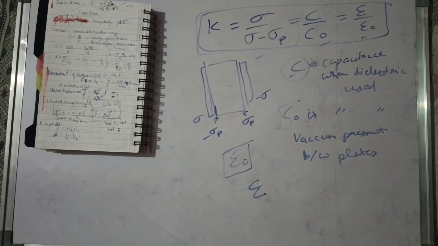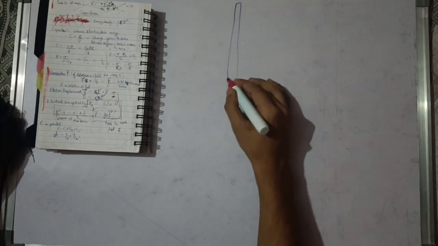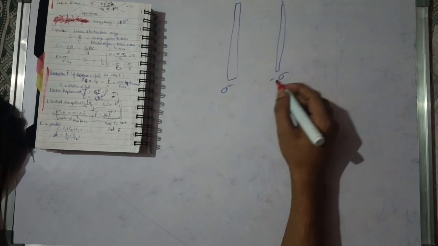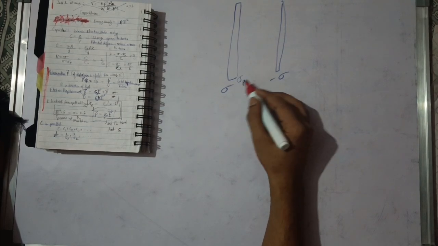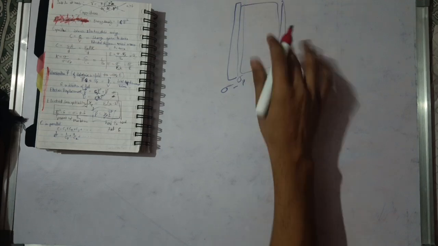Now moving ahead, the next topic is charging of capacitor and energy in the capacitor. Let's say we have a capacitor with sigma and minus sigma charge density on the plates, and sigma p and minus sigma p in the dielectric medium.